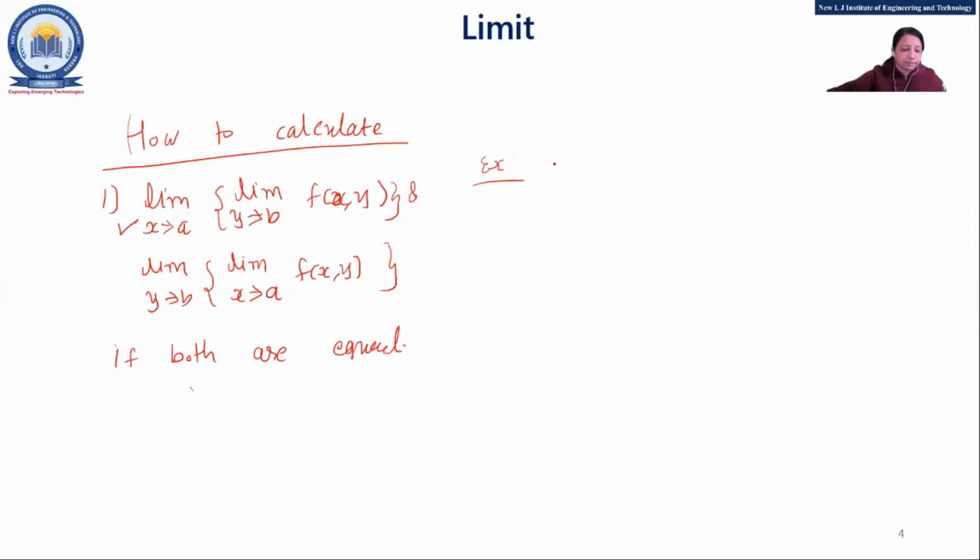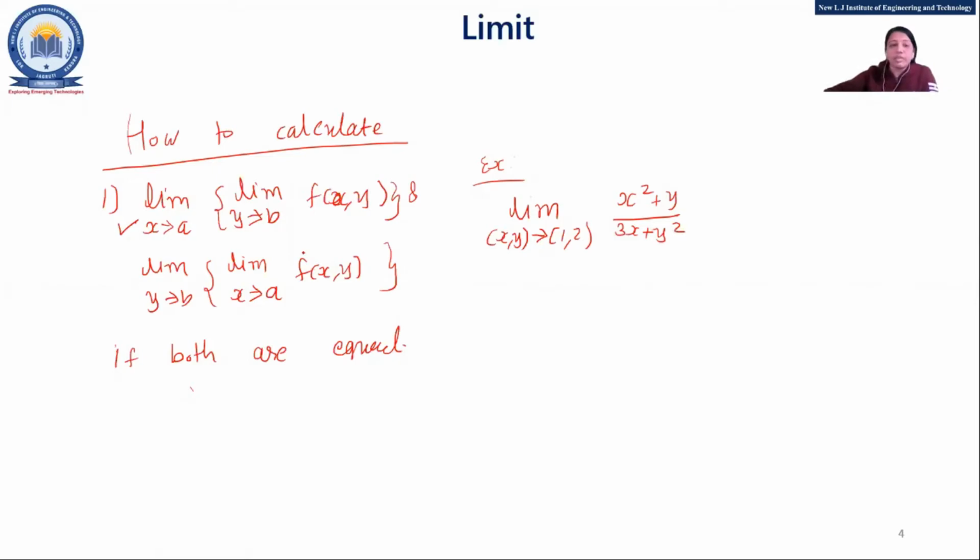Example. For this we'll take an example here only. Write down with me in your notebook: limit of (x, y) approaching (1, 2) of (x square plus y) upon (3x plus y square). Fine.